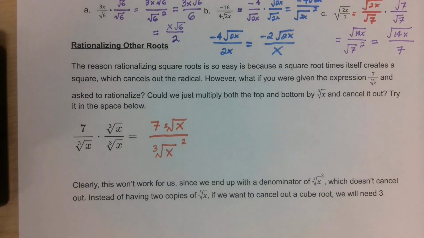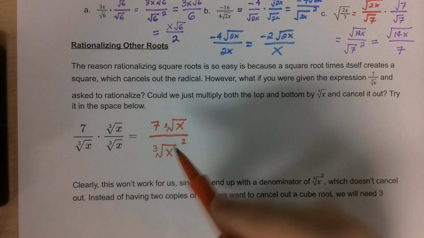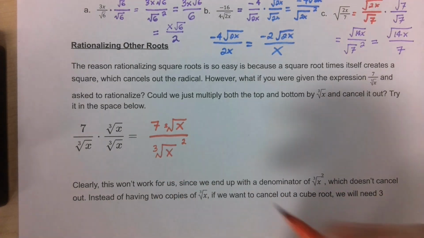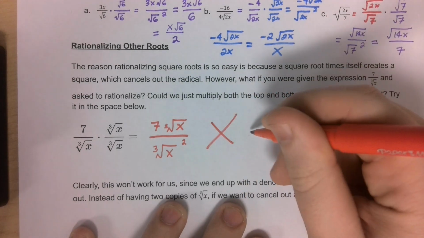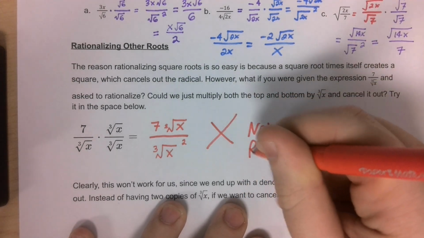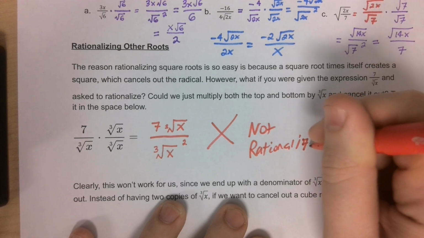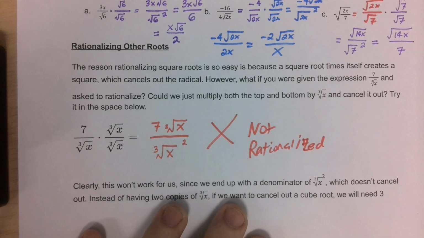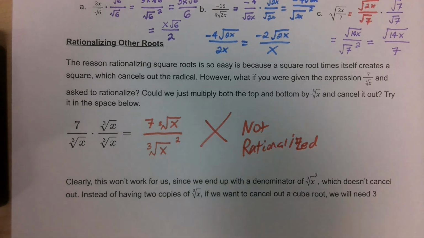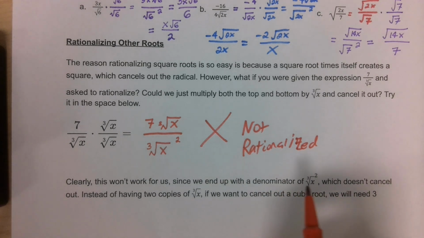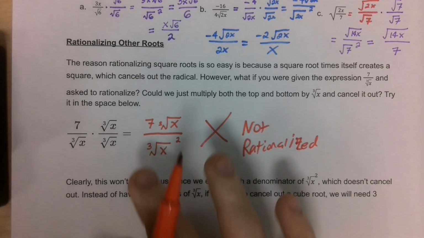Does anything cancel out? No, it doesn't. We didn't successfully rationalize our denominator. We would say this is not rationalized. So we need a new approach. Since we end up with the denominator of the cube root of x squared, it doesn't cancel out. Why?